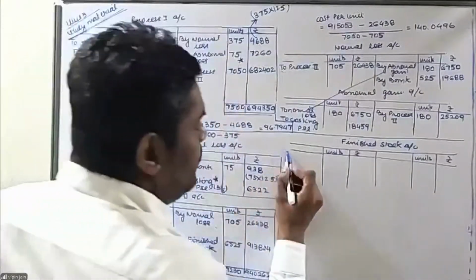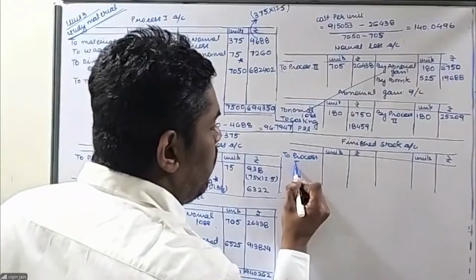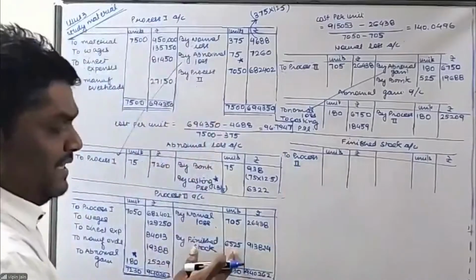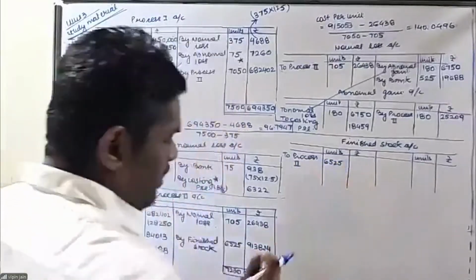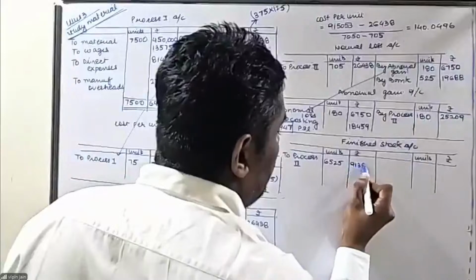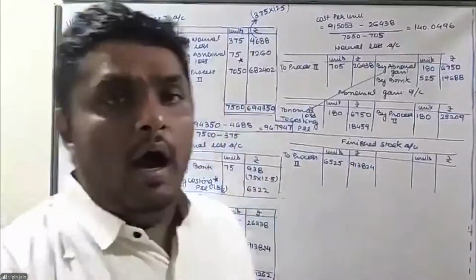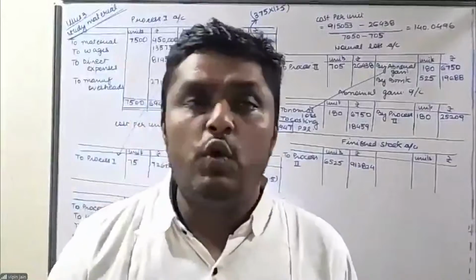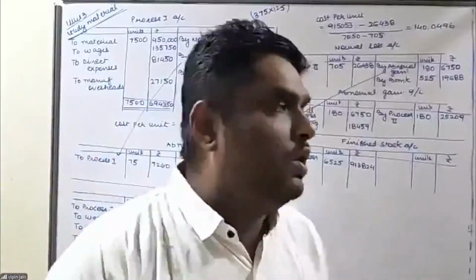So this will be to process second, 6525 and 913824. Now, of these 6525 units, only 6,000 units are sold in the market. Balance are still in stock.